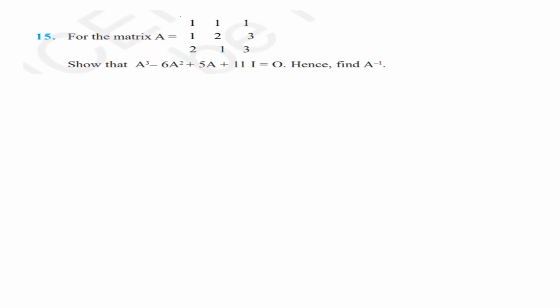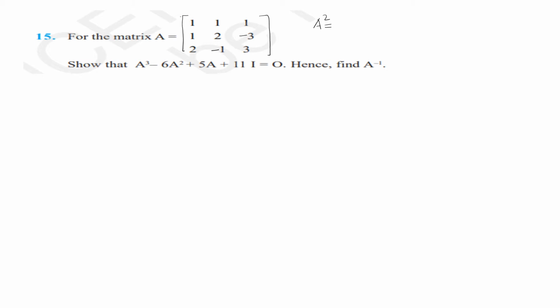In order to solve such questions, firstly we need to understand how to find A square from a matrix A. This matrix A is given to you: the first column is 1 1 2, second is 1 2 minus 1, and third column is 1 minus 3 and 3.